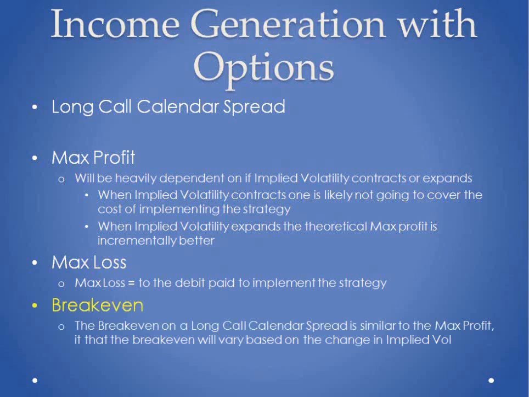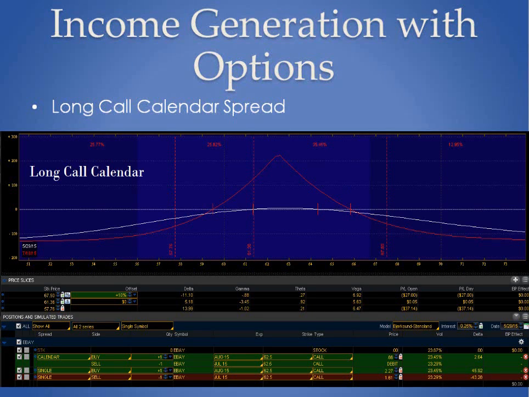And the break even on the long call calendar spread is similar to the max profit, in that the break even will vary based on the changes in implied volatility. Like I said, the snapshot that I'm going to show you here in these charts does show a defined area of a break even where the line crosses our dotted line.